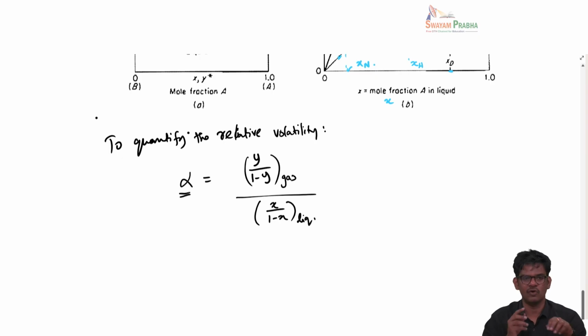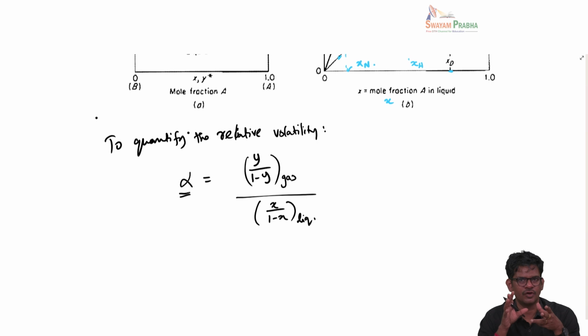This relative volatility alpha is defined as the ratio of the concentration ratio of the components in one phase over the other. What I mean by that?